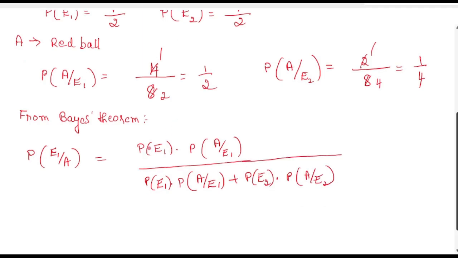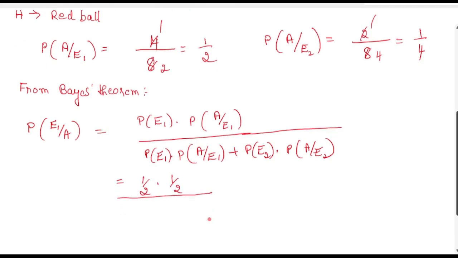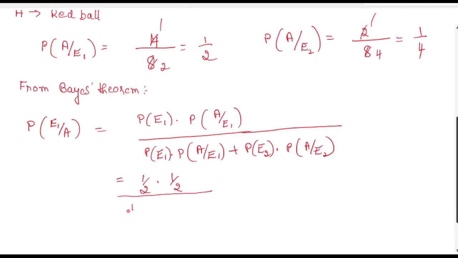Now let us substitute the values for all this. P of E1 is half into P of A by E1 is half, divided by, this is half into half plus P of E2 is half, P of A by E2 is 1 by 4, is equal to 1 by 4 divided by 1 by 4 plus 1 by 8.